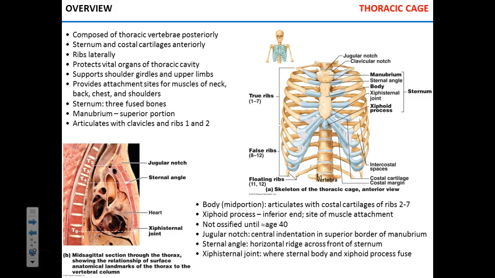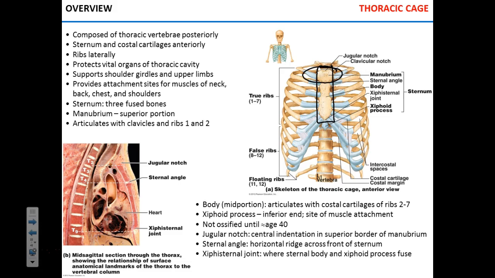What should we start with? Well, let's start with the sternum. That's your sternum. It consists of 3 parts. The superficial part here is called the manubrium.